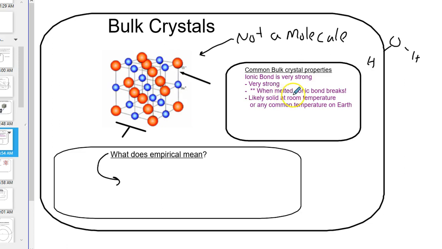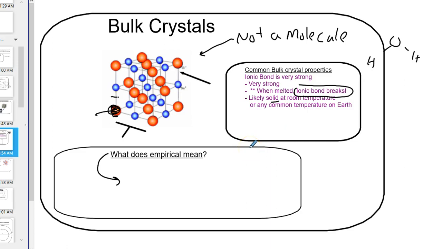When you melt an ionic bond, what breaks? An ionic bond breaks. Make sure you note that. When we melt this thing, we're shaking these things, and it breaks off, and then we break that ionic bond. Because it's so strong, it's likely a solid at room temperature, or any other temperature really on Earth.